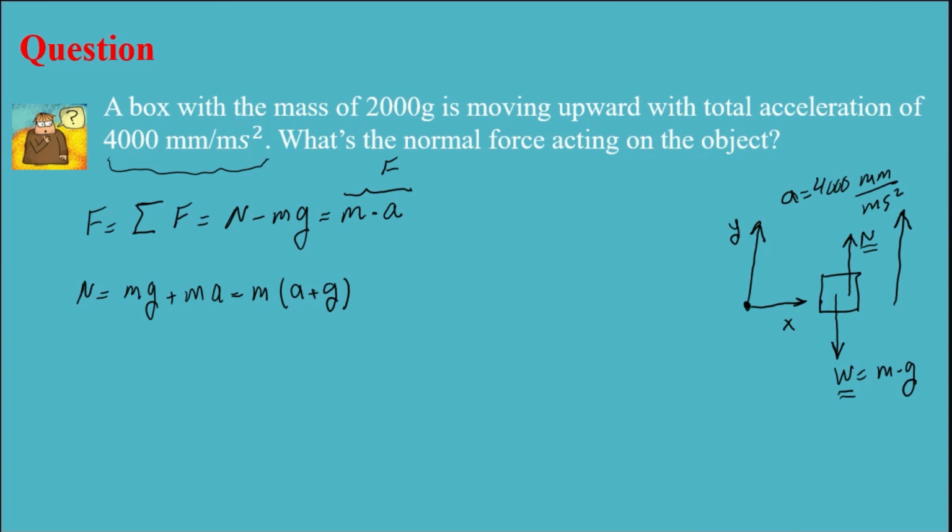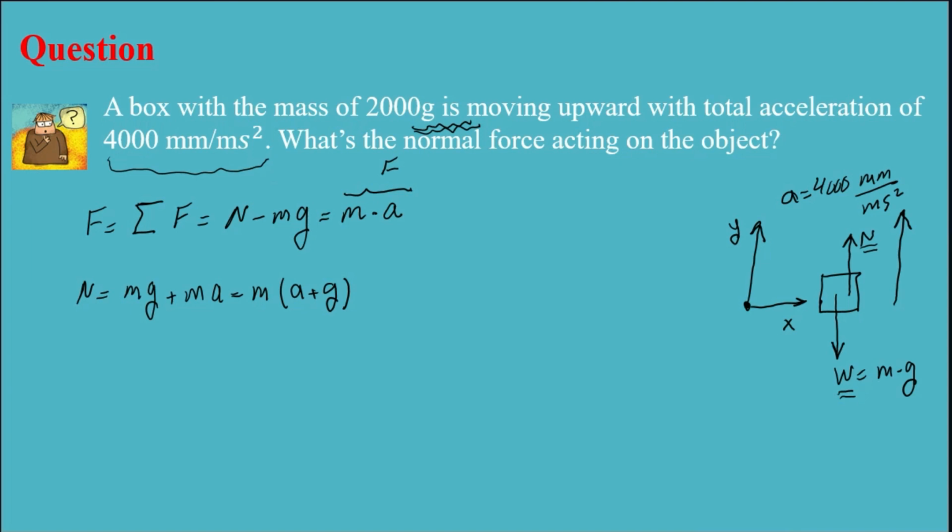My motivation for solving this problem for you is the units here. I want you guys to pay attention to the units. The mass comes in grams, and acceleration is in millimeter per millisecond squared, right?